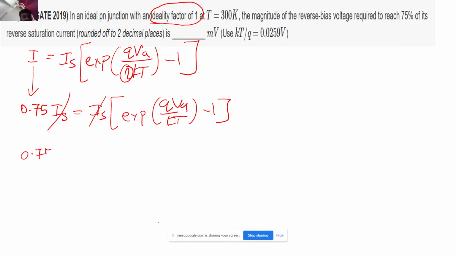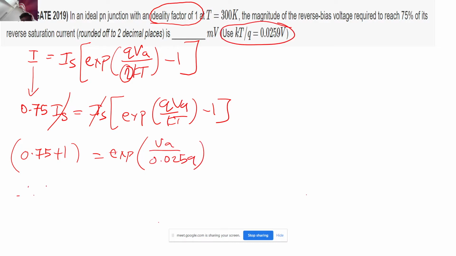Now exponential of this VA, and kT by q is 0.0259 because it has been given in the question over here. So now if you just solve this, then the value of VA will come out to be around 14.49 millivolts.